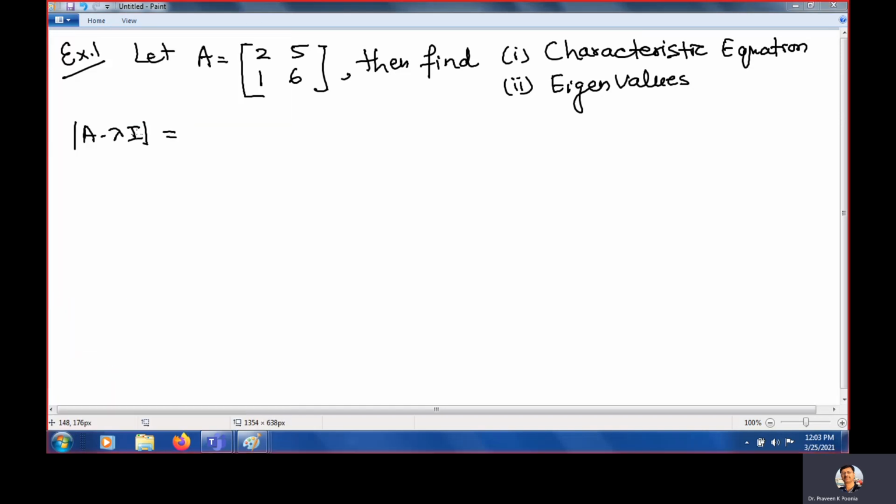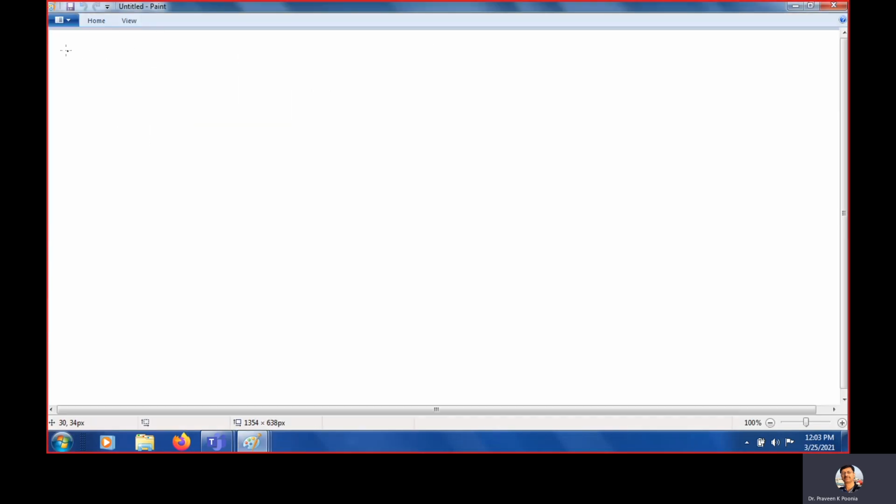First I want to explain what A minus lambda I is. A means the matrix, 2, 5, 1, 6, minus lambda, which is a number, times I, the same size identity matrix.